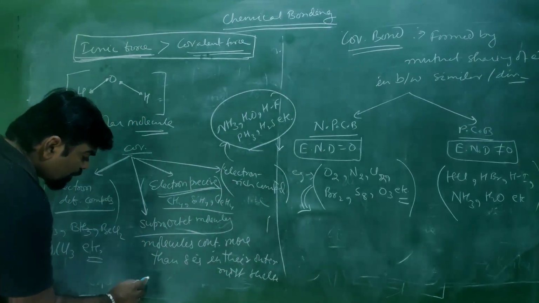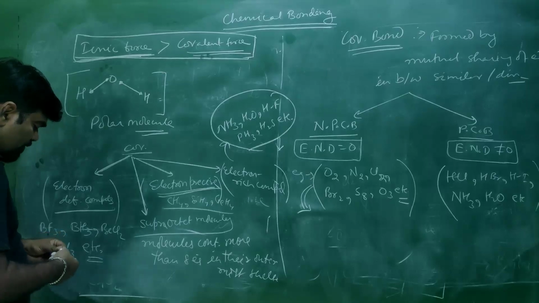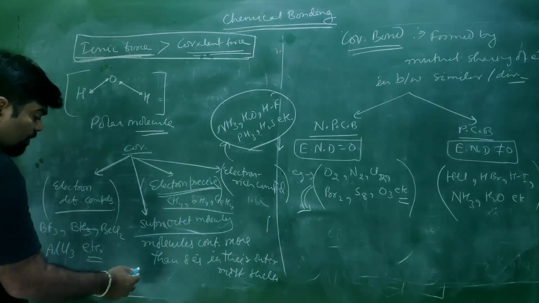But supraoctet molecules have more than 8 electrons in their outermost shell.